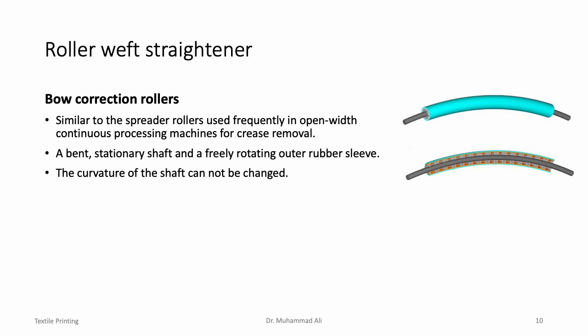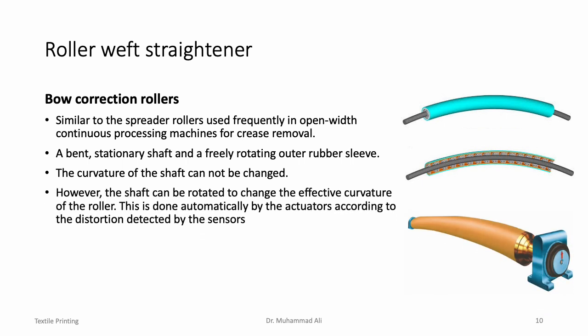So how much it is bent, of course, that's a fixed parameter. However, the shaft itself can be rotated to change the effective curvature of the roller. In the case of a weft straightener, this movement or rotation of the bow correction rollers is done automatically by the actuators according to the detected distortion.